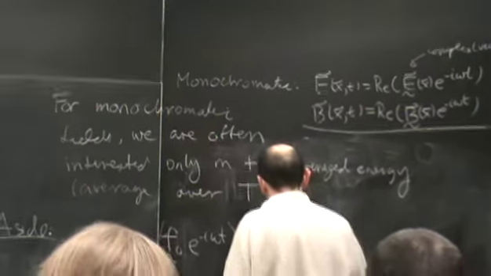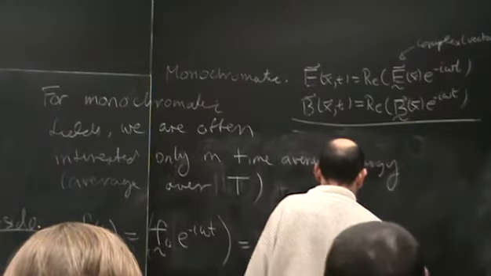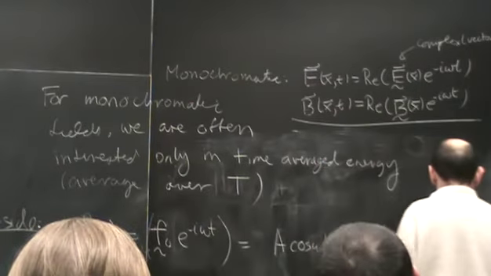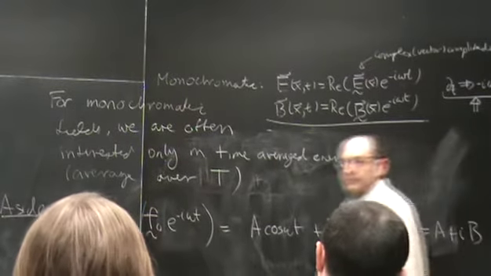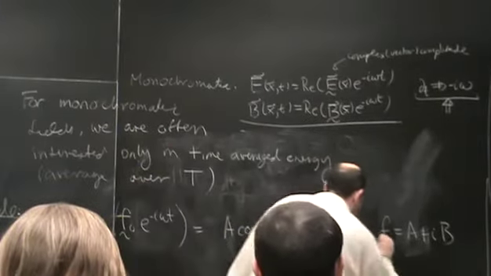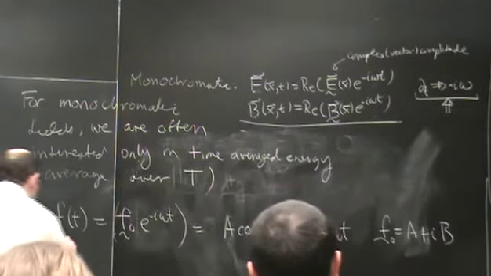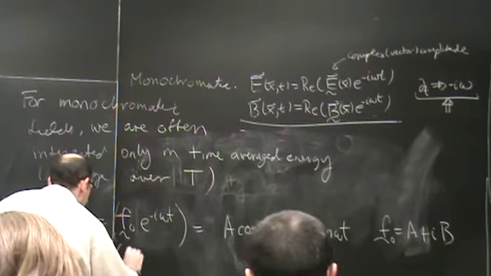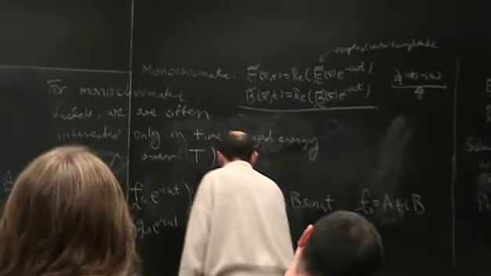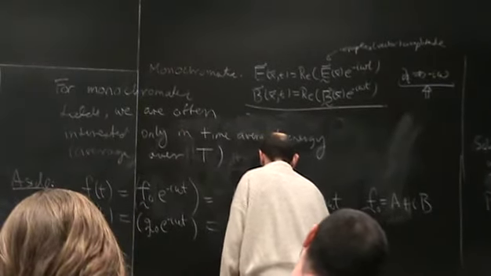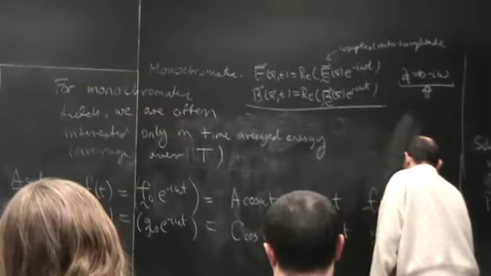It's got some A cos omega t plus B sine omega t. So F tilde is A plus iB. And let's say I have some other function with complex amplitude, e to the minus i omega t, C cos omega t plus D sine omega t. So G tilde is C plus iD.